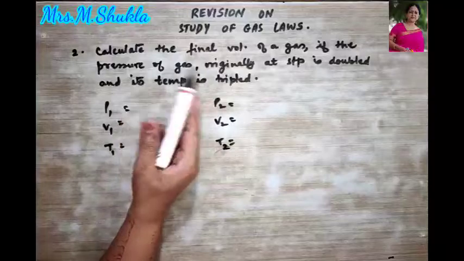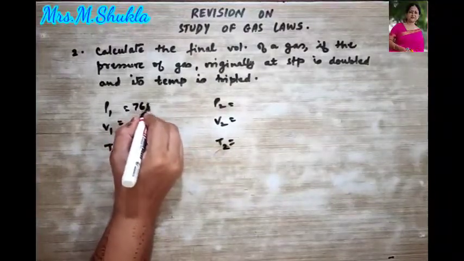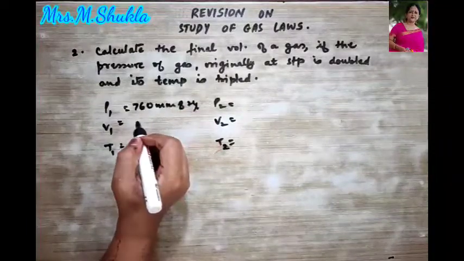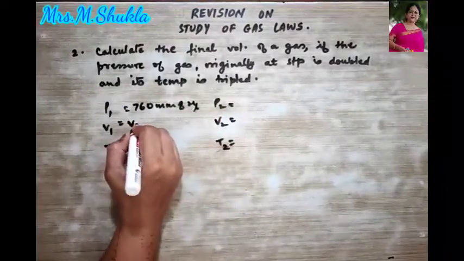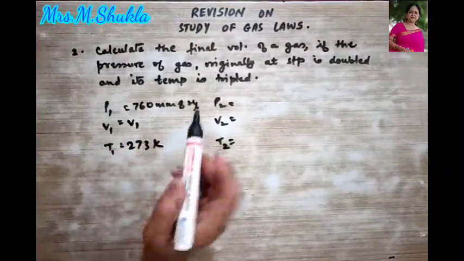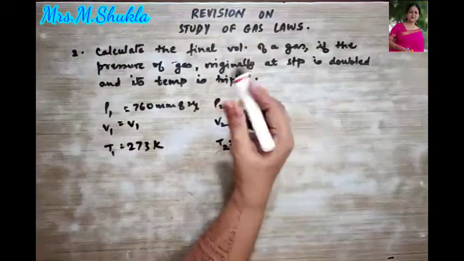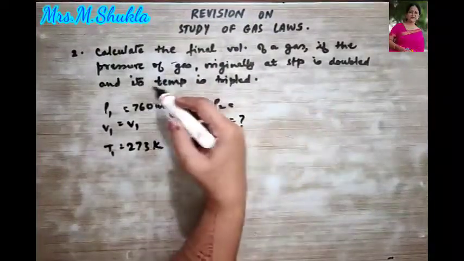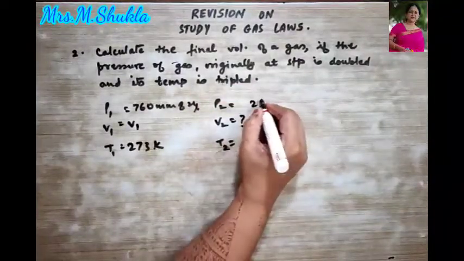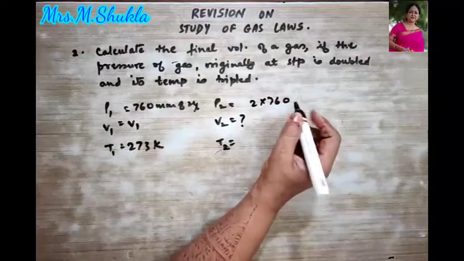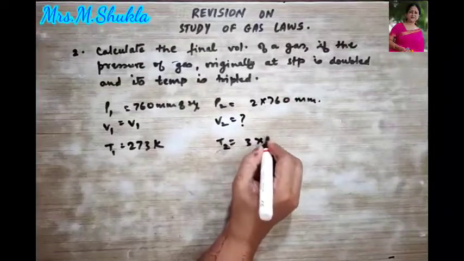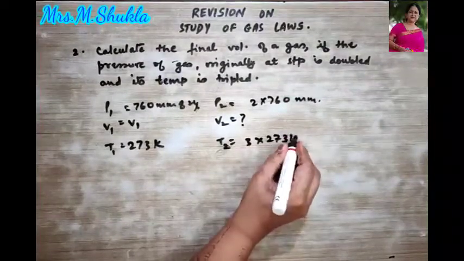So what is the standard pressure? It is 760 mm of mercury, right? Then the volume, let us consider it as V1, and temperature should be 273 Kelvin. Now what does it say? Calculate the final volume if the pressure is doubled. So this is doubled, 2 into 760 mm, and the temperature is tripled, 3 into 273 Kelvin.